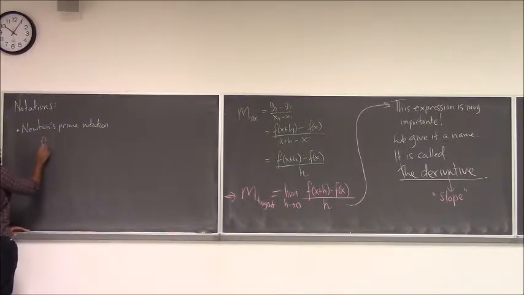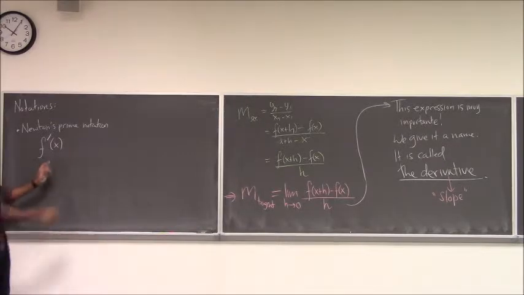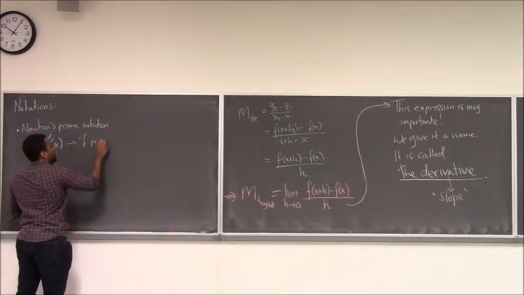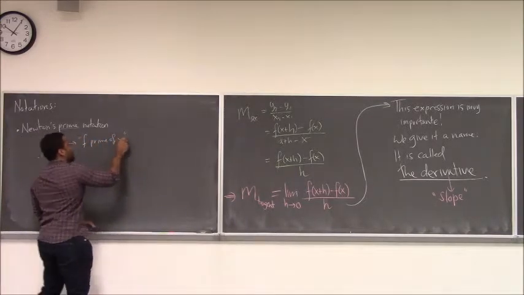And this was called f prime of x. So it's not a 1, it's like a notch, like an apostrophe almost, a very bold apostrophe. And it's called f prime of x. That's why it's called the prime notation. This is called f prime of x, right?